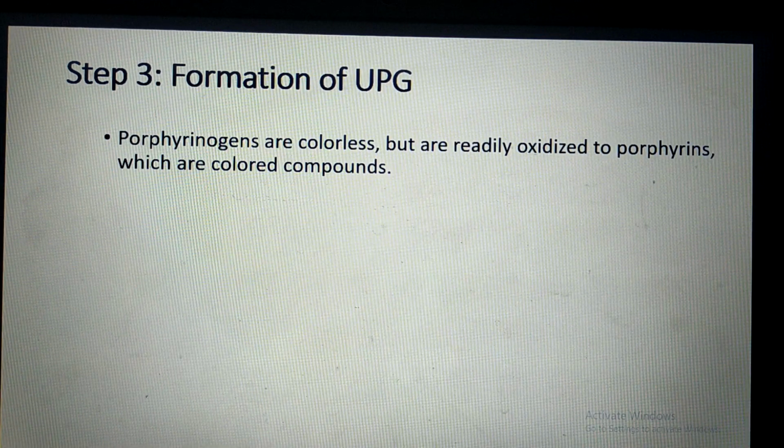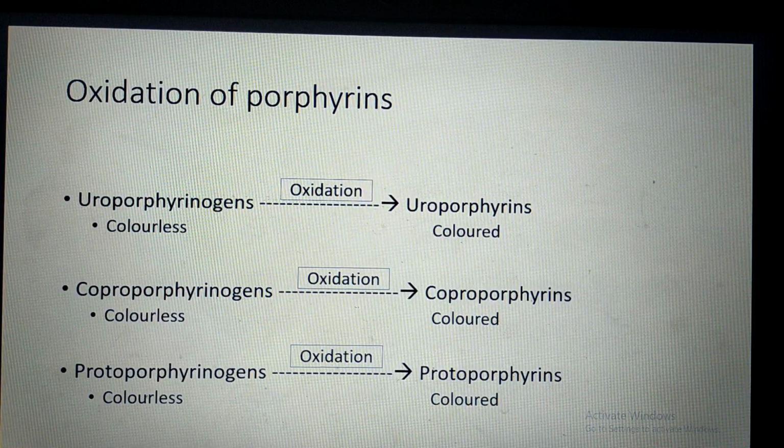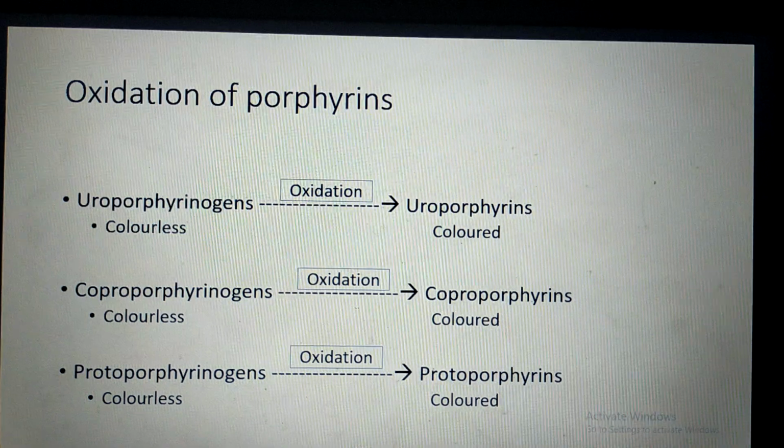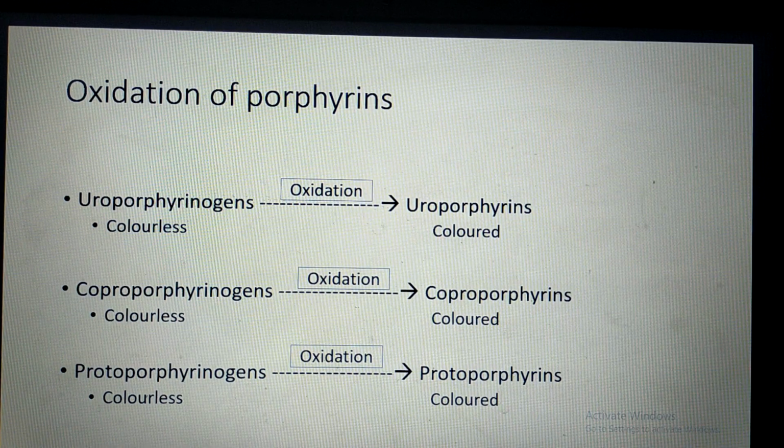As I have already told you, porphyrinogens are colorless compounds. They readily oxidize to porphyrins, which are colored compounds. In fact, all porphyrinogens like uroporphyrinogen, coproporphyrinogen, protoporphyrinogens are colorless compounds, but on oxidation they form the corresponding porphyrins, namely uroporphyrins, coproporphyrins and protoporphyrins, which are colored compounds.